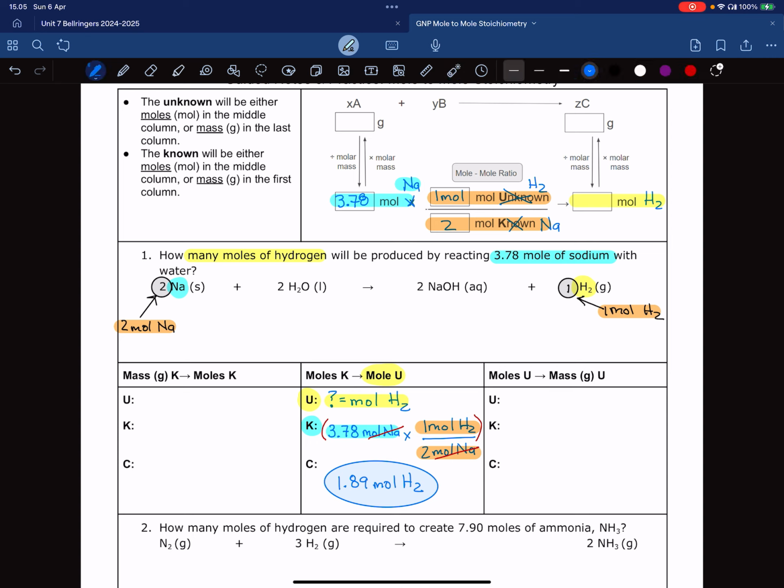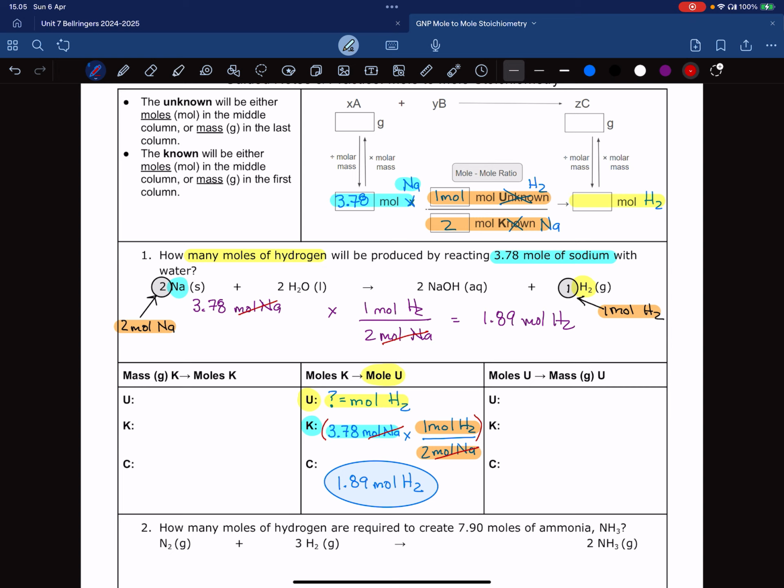Another way of looking at this is 3.78 moles of sodium times 1 mole of hydrogen over 2 moles of sodium is equal to 1.89 moles of hydrogen, just like below.